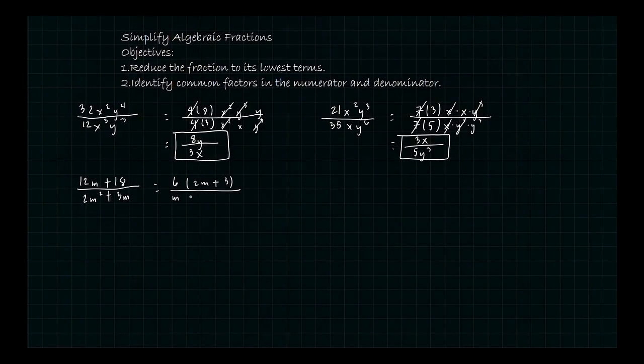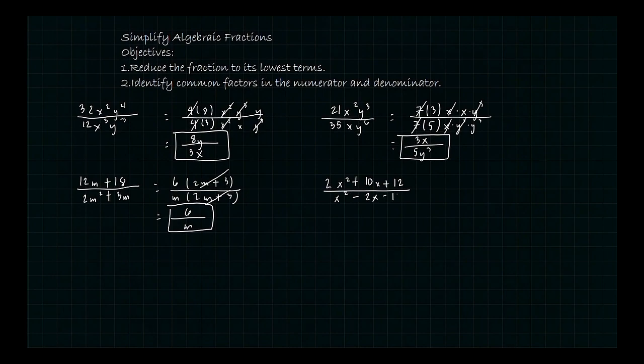Then to get m squared, we need 2m, and to get 3m, we need 3. Cancel out the common factor of 2m plus 3, and we get 6 over m. That's our final answer.